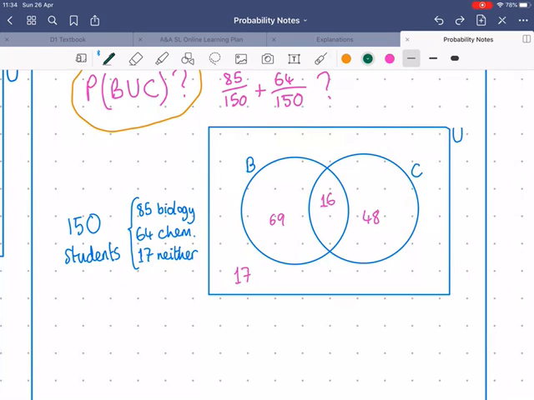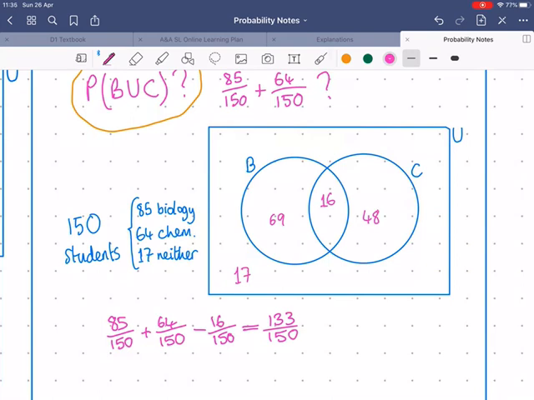So what I can simply do to adjust for that is to subtract one of those 16s, to subtract the probability of the intersection after adding, to avoid counting it twice. Okay, and what I would find is 133 out of 150, which would fit very well with our 17 students that study neither subject.